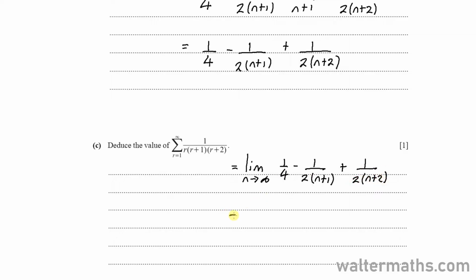And here for the quarter it's a constant, so we have it. Now for the limit as n approaches infinity, this will tend towards 0. And as n becomes large, this fraction will also tend towards 0. So we get the answer here as a quarter. So that's the answer to part C.